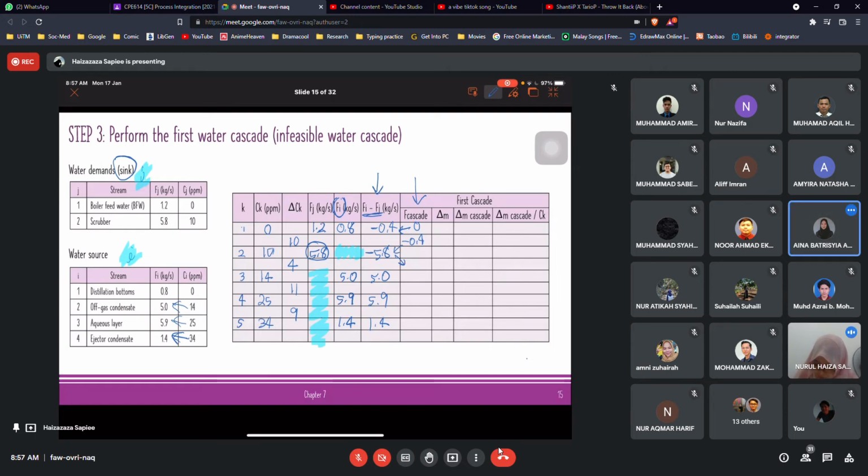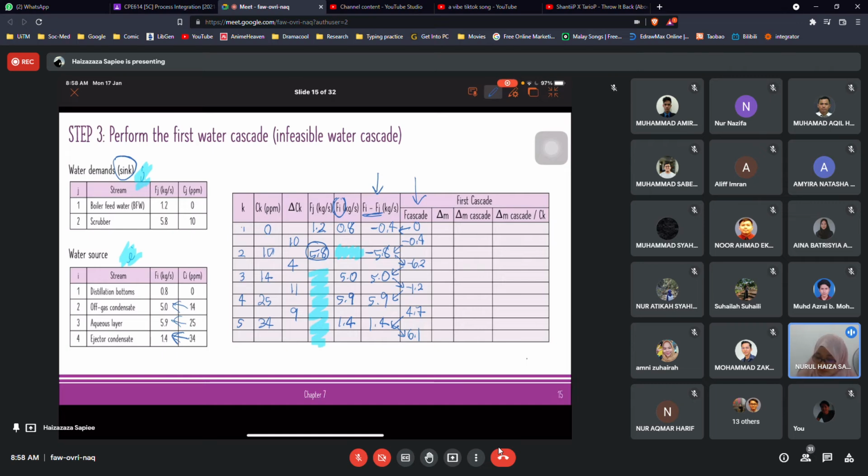Add 5, you get negative 1.2. Add 5.9, you get 4.7. And lastly, add 1.4, you get 6.1. Okay, so that is your cascade. Same as when we do your PTA. Just remember the negative and positive signs matter, so if we miscalculate it will affect the result.